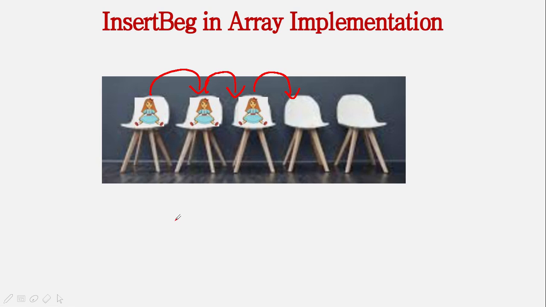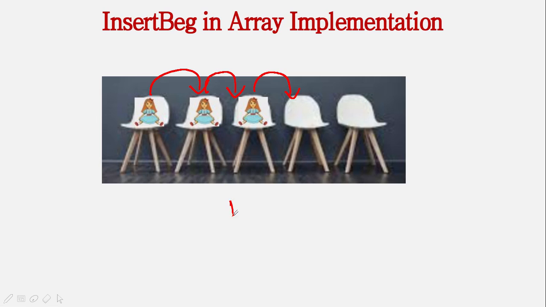So he has to wait, so the time taken will depend on the number of persons. Assume you have a larger hall, and there are already 20 people and the 21st person comes, then he has to wait till all 20 people have moved, right? This depends on the number of people already inside the hall.